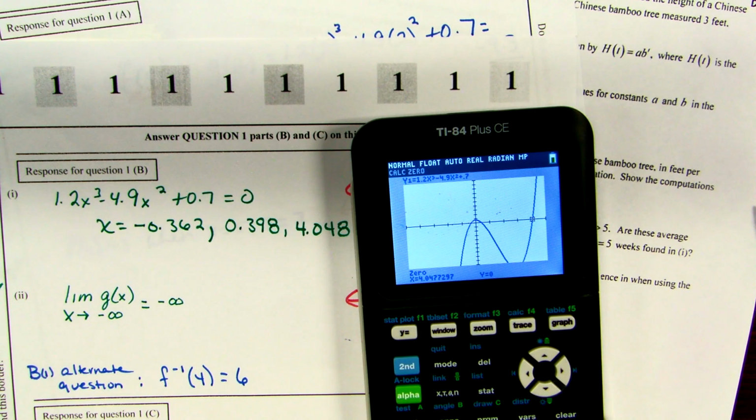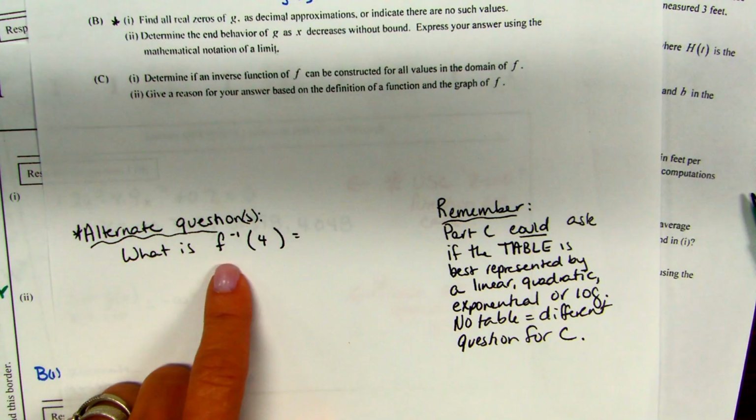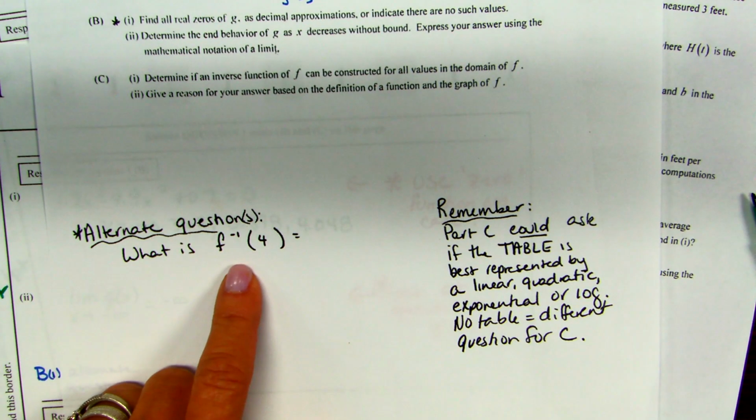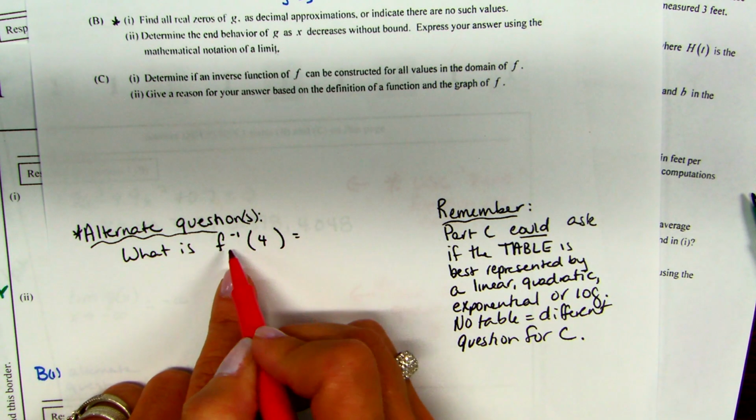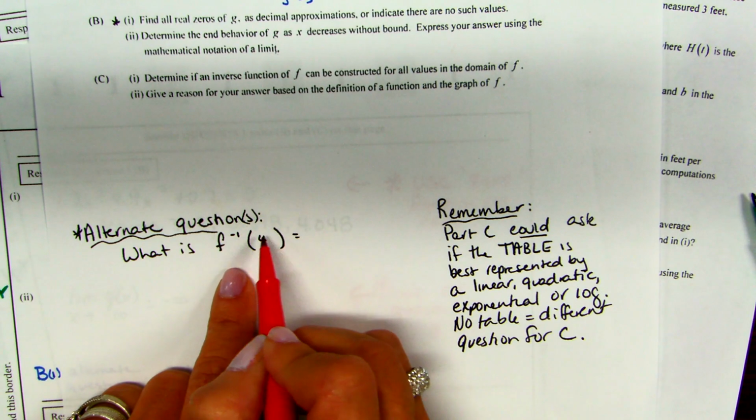Okay, so this is a place, 1B, B1, that we have seen an alternate question. On at least one of the other 2 FRQ ones we did, you could have seen what is that, like it'll just say this. So let's just talk about that real quick. This means inverse. It doesn't say what is the inverse. It just gives a symbol. We know that that means inverse. So instead of this being x, it is y.